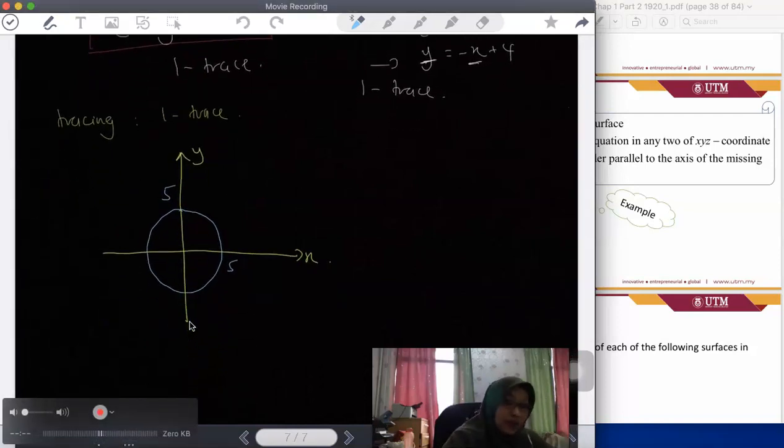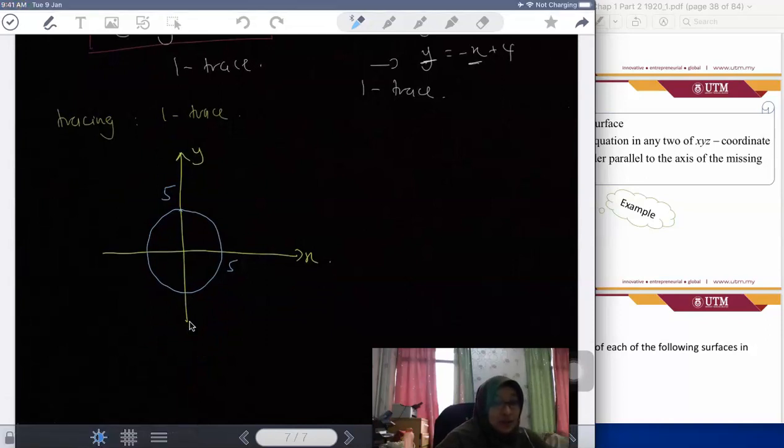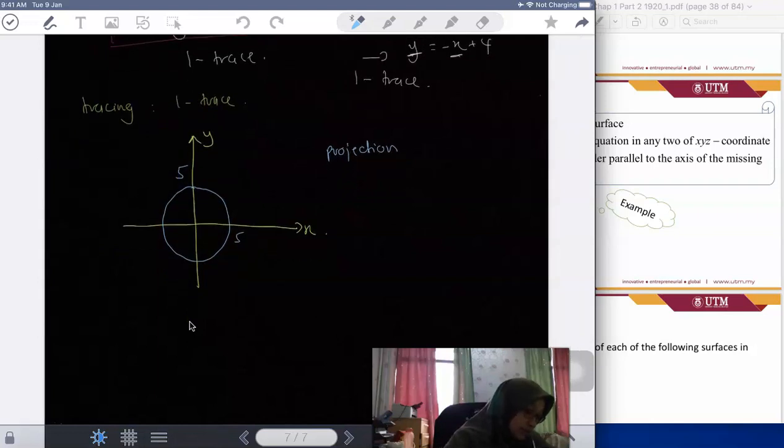So next, since you have only 1 trace, if you have 3 traces, what you have to do next? You have to combine them all together on a 3D system. But now when you have only 1 trace, you have to do a projection. So now the projection is meaning that you have to sketch the 3D system.